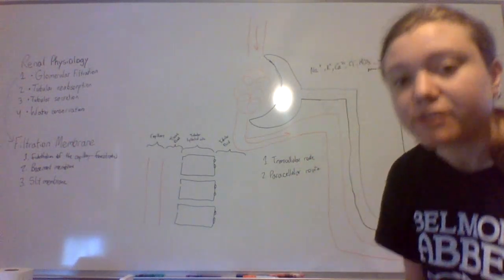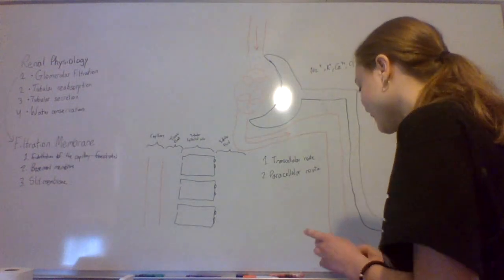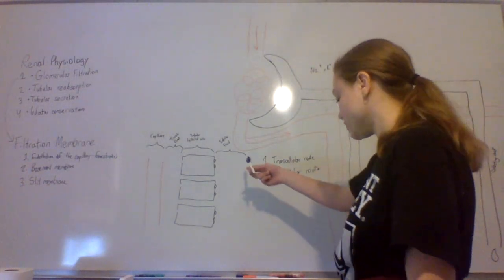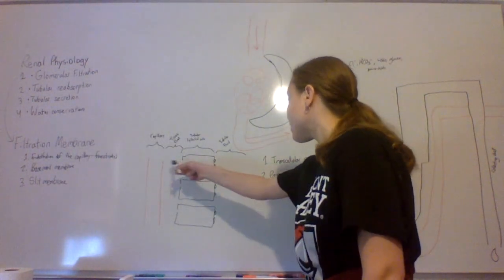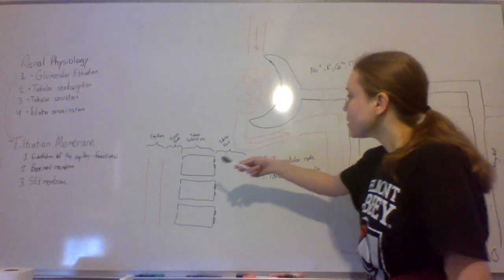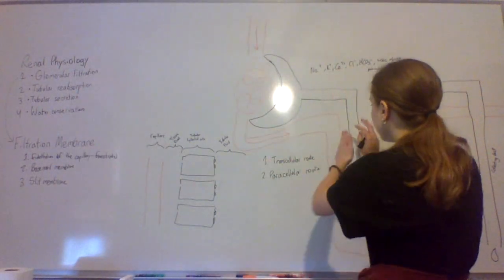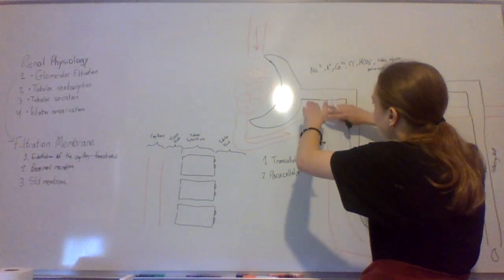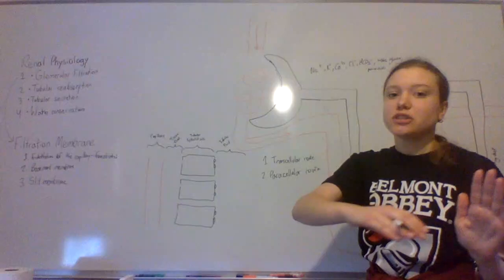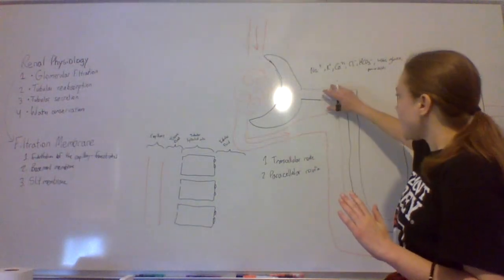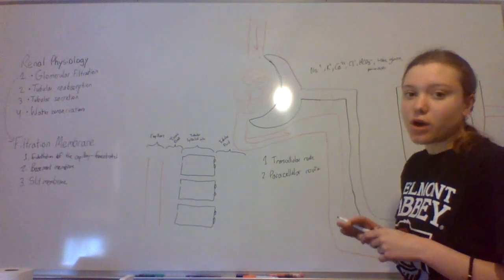You can't read my handwriting, but that's okay. Alright, so the transcellular route means it goes through the cytoplasm and out of the epithelial cell. I marked it here, but this is just a closer look at what's going on right here. Also, I forgot to mention this, but most tubular reabsorption happens right up here in the proximal convoluted tubule.